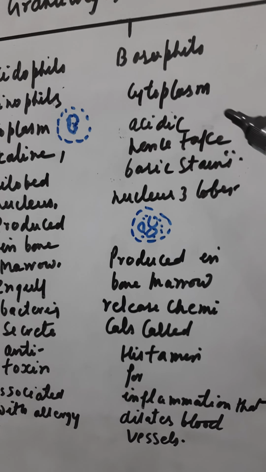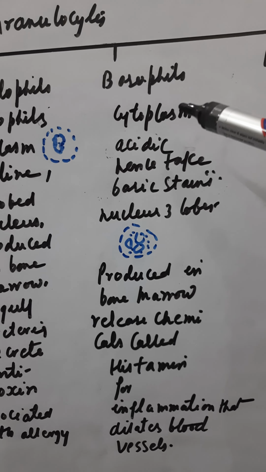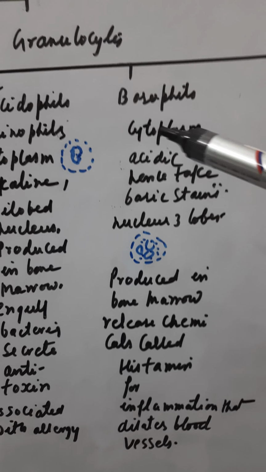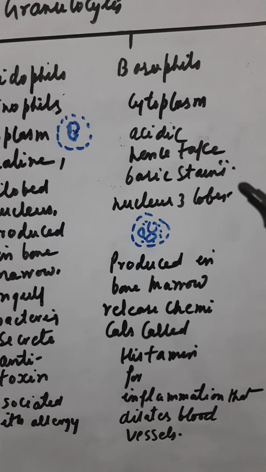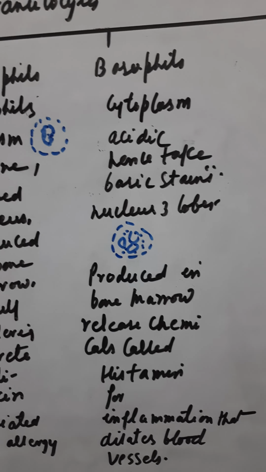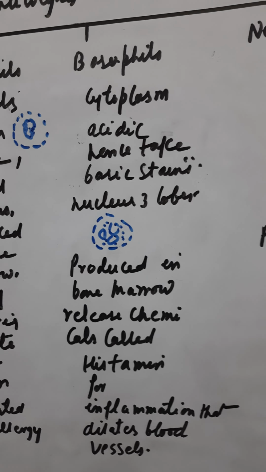Whereas in basophils, as their name is opposite, the cytoplasm is acidic, hence they take the basic stains. Basic stains: if the structure has to be studied in biology, we use a number of colored stains. So the stain which this basophil takes is basic in nature. It has a three-lobed nucleus, 1, 2, 3, and it is produced in the bone marrow.